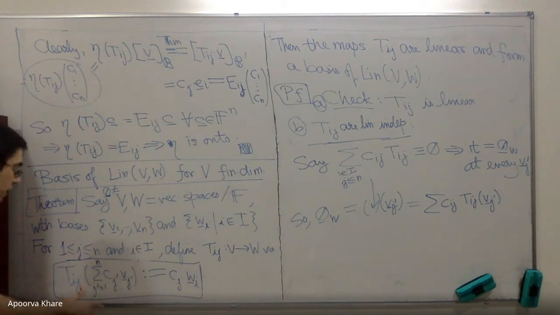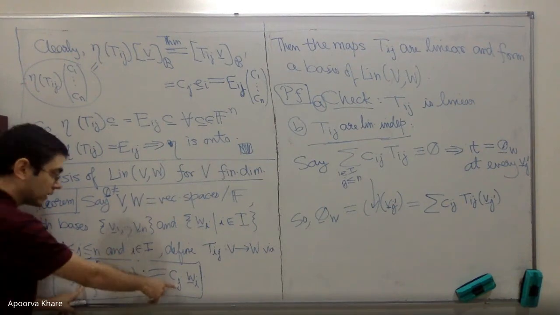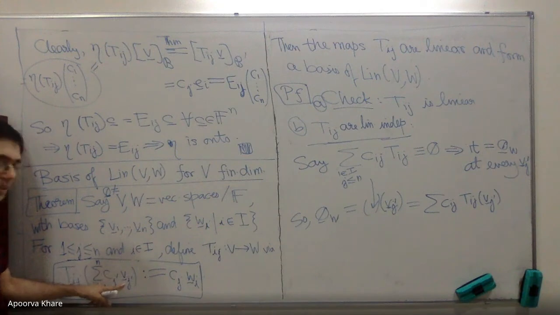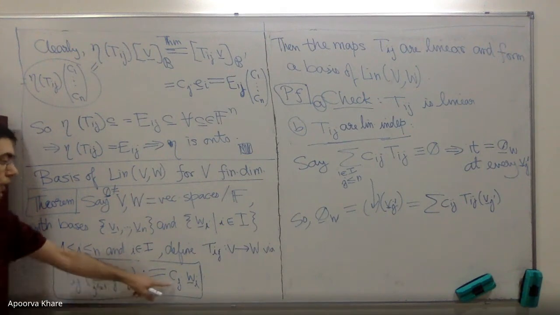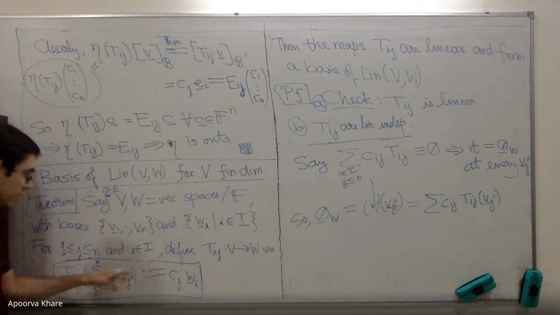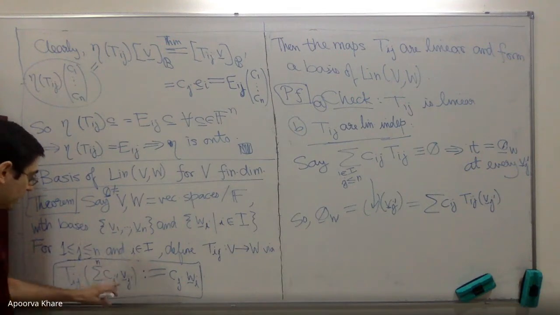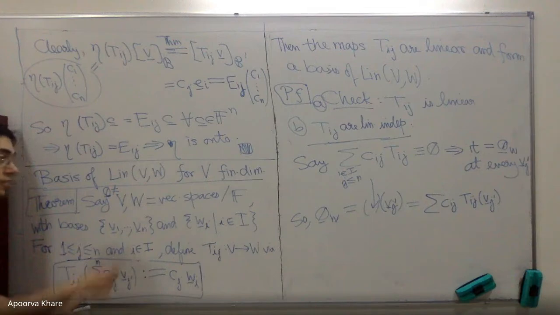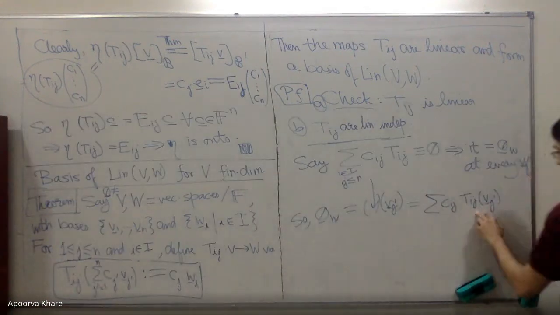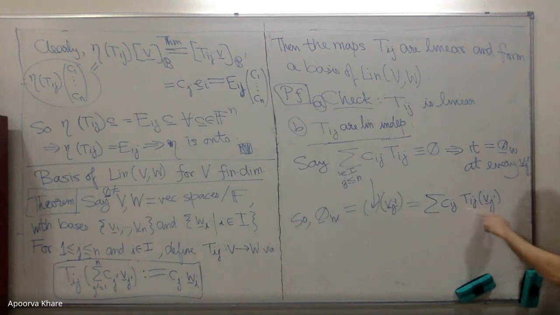So from this j I would get the same j. Now if instead I had only one Vj prime and the j prime was not equal to j, I would get a 0 here. So I only care about the coefficient corresponding to the vector matching this one. Unless these two are equal, the answer is 0.